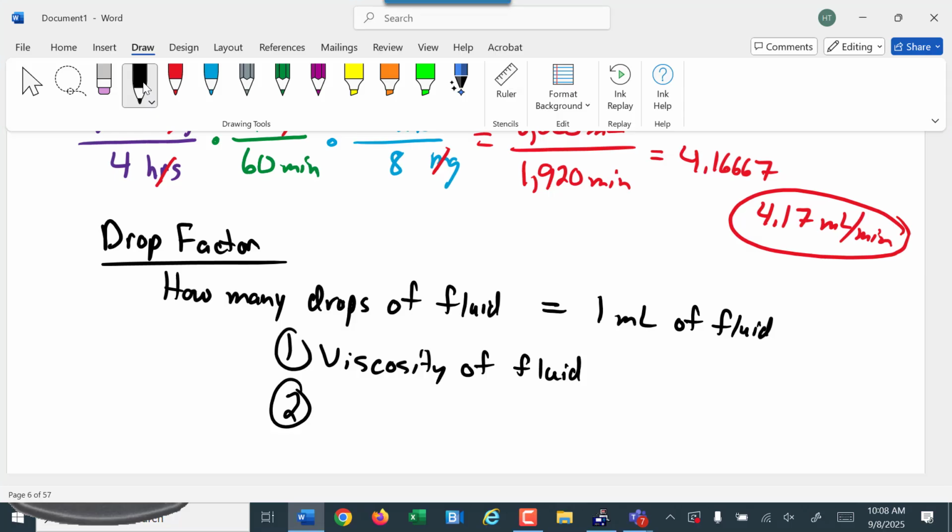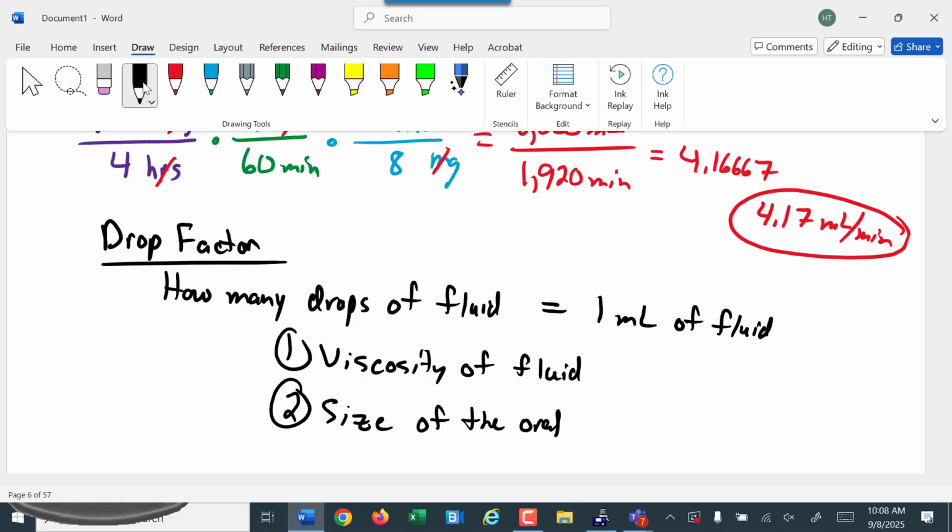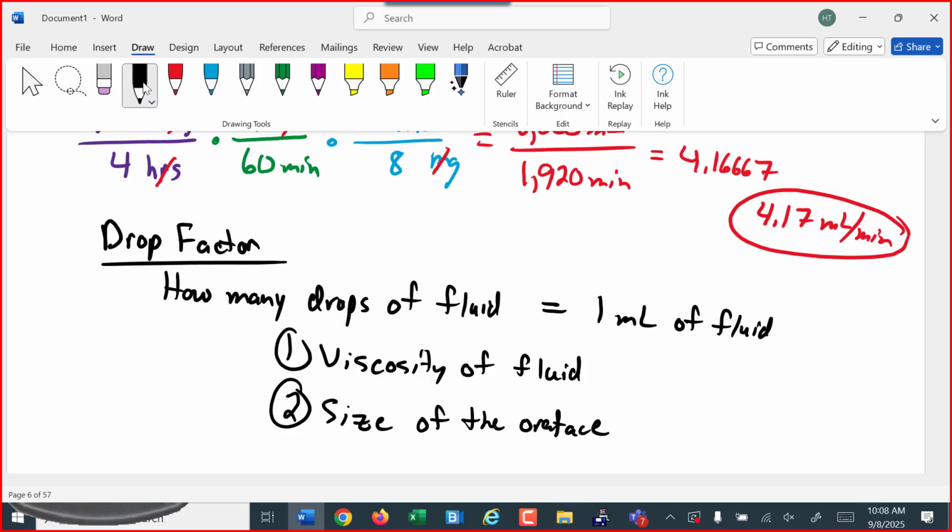The second is the size of the orifice. This could be the orifice in an eyedropper if you're using a dropper, or an orifice in your IV setup, your infuser. The bigger the orifice, of course, tends to affect the size of the drops.